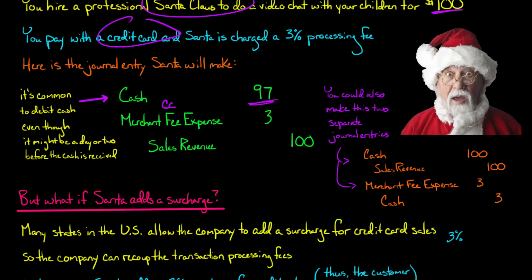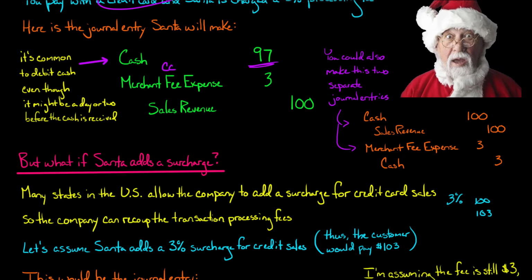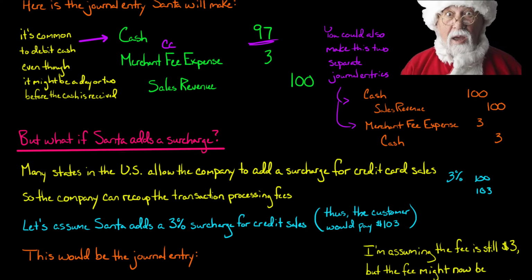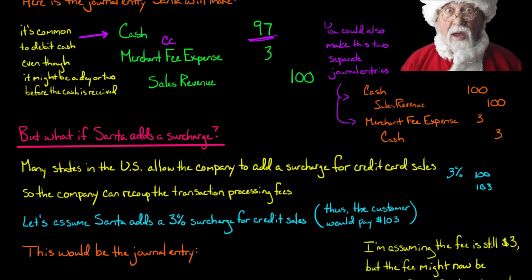So if I'm going to pay for this $100 video chat with Santa, but I'm going to pay with a credit card, then I actually have to pay Santa $103. From the customer's perspective, the price has gone up. Santa's charging more money if you pay with a credit card so that Santa isn't out that money. So let's say that Santa adds a 3% surcharge for any credit card sale.